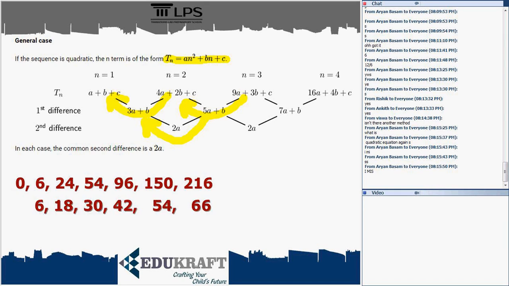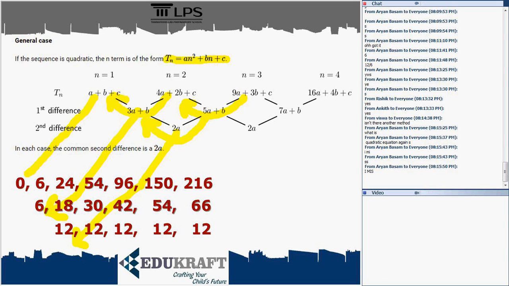Let us look at an example. In this, these are the first terms and these are the differences, and what I have to do is equate 2A to the second difference, 12, and equate A plus B plus C to 0.